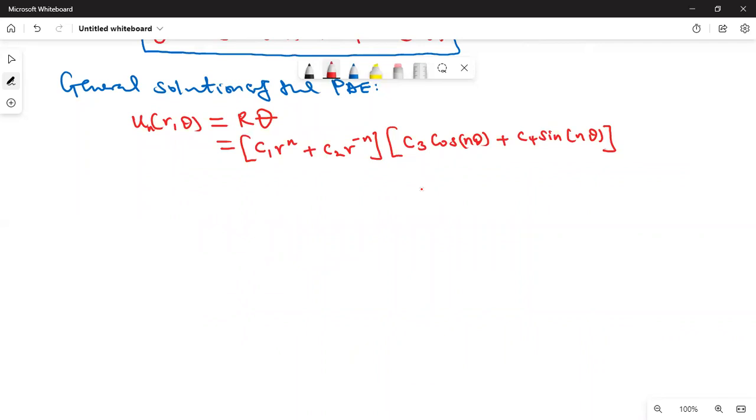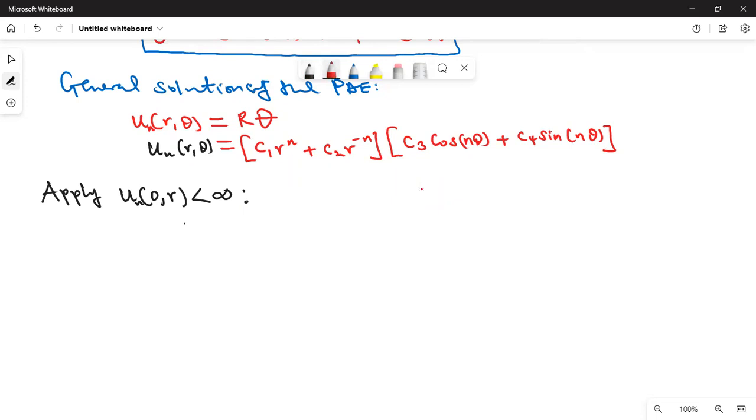So let's apply the boundary condition. Apply the condition that u of 0, r is finite, less than infinity. So what do we get? Remember, here we have u n of r theta. So here it can be u subscript n now because there are several of those u's. So u of 0, r is finite.